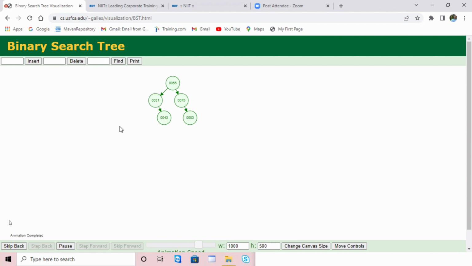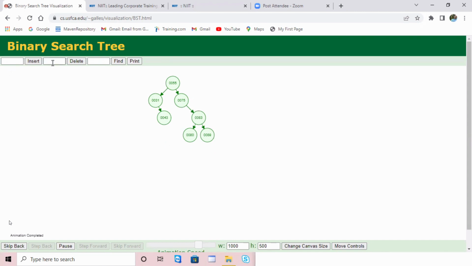Now let's do something on my right hand side, because everything I have shown you so far is from the left hand side. Let's insert 80. Let's insert 89. Now in this right hand side scenario, 83 has 2 children.